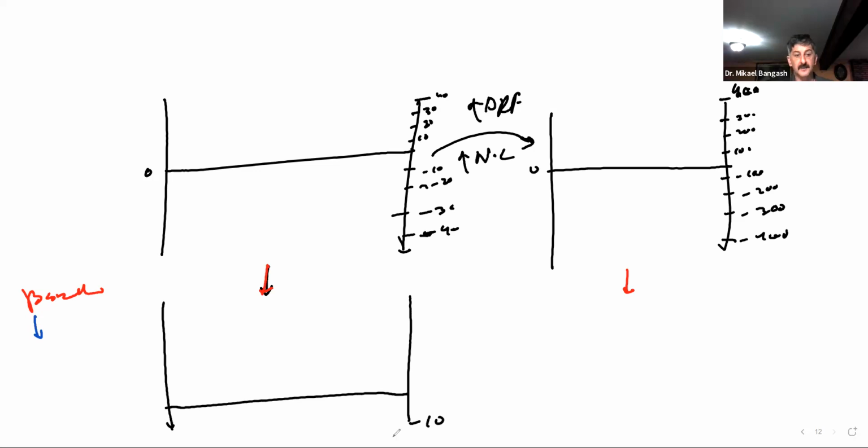This would just be minus 10. This is your new 0. So this will become 10, 20, 30, 40, 50, 60, and 70.